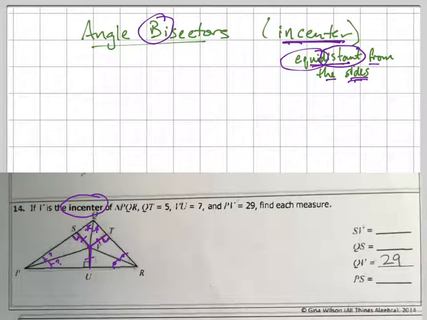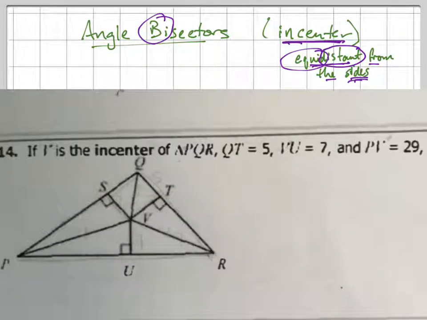So let's zoom in on this a little bit. Again, this line and this line and this line, those are all equal to each other. Those two angles are equal, and these two angles here are equal to each other.